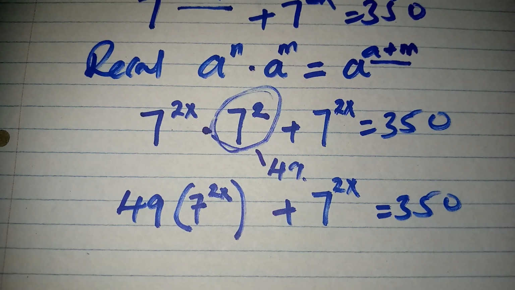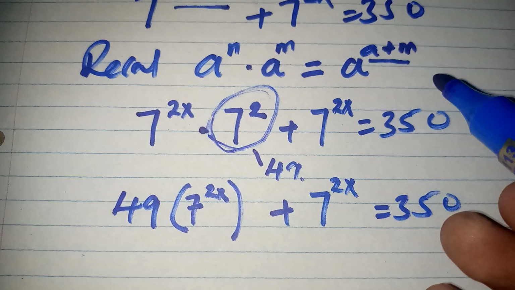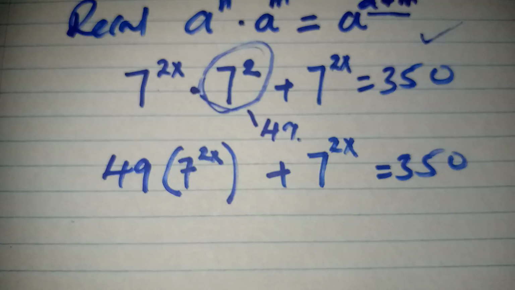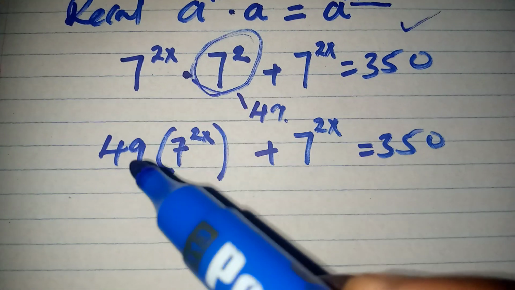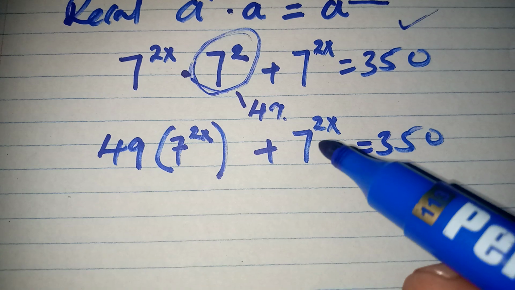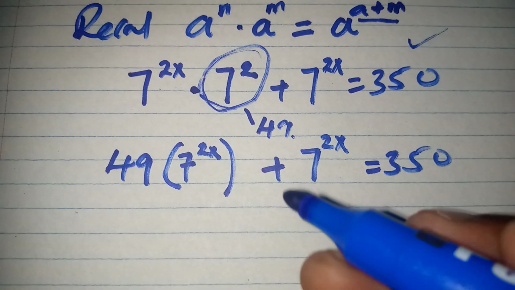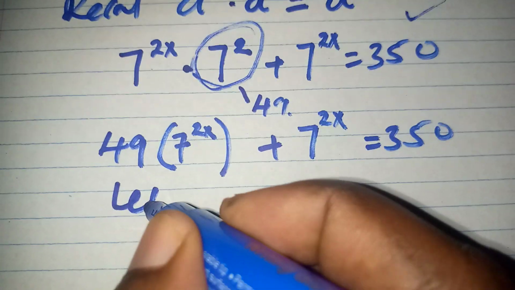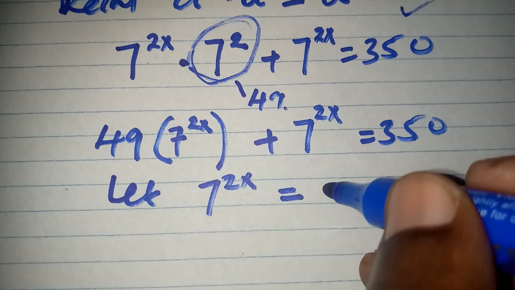So well, we are good to go. I've tried applying that law and it has worked. So the next approach, if you have 49 times 7 raised to power 2x plus 7 raised to power 2x, then it means I can simplify it by saying let this 7 raised to power 2x be any letter.